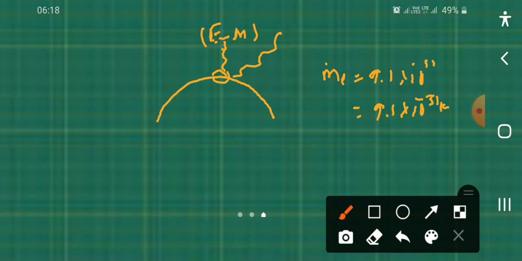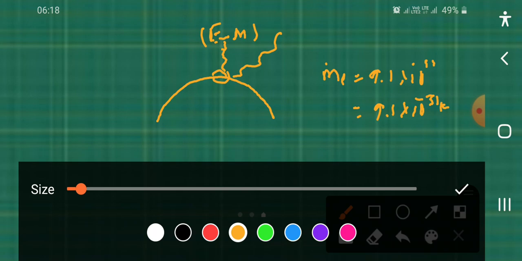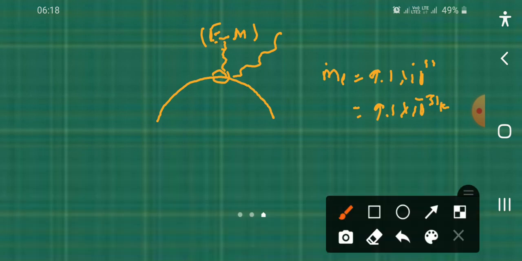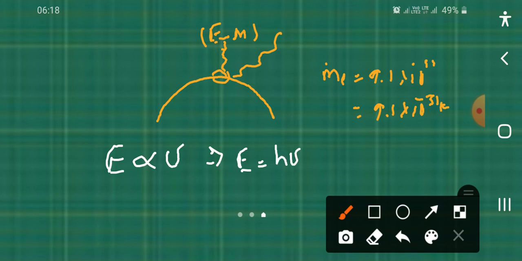But the most interesting part of this concept is that according to Planck's theory, we know energy of radiation is directly proportional to the frequency, and this can be simplified: E is equal to h nu. H nu is a photon of light, or it is known as a quantum of light.